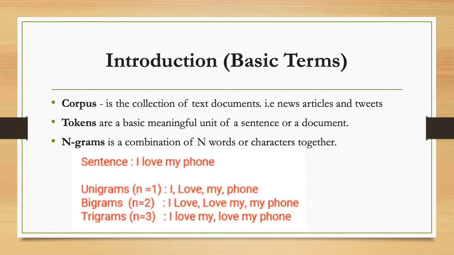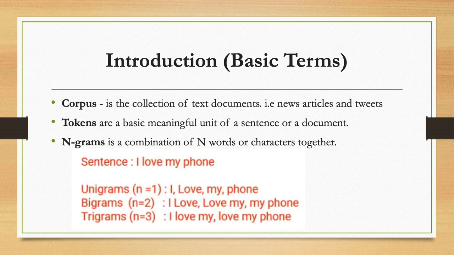And also don't forget our previous topic about the concept of tokenization. We will also be dealing with tokens, which are the basic meaningful units of a sentence or a document. Later we can discuss n-grams, wherein n-grams refer to a combination of n words, or the number of words or characters together.